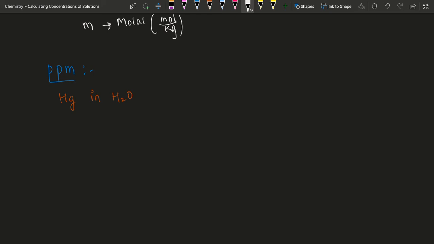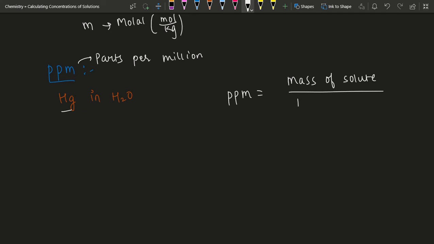So instead of taking molarity or molality, we take the ppm, parts per million. ppm is a mass to mass ratio. The ppm of a solute, or ppm of anything, is equal to the mass of the solute over the total mass of the solution.